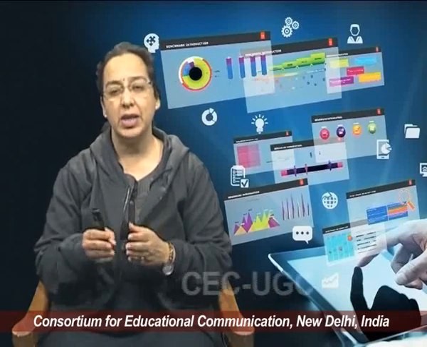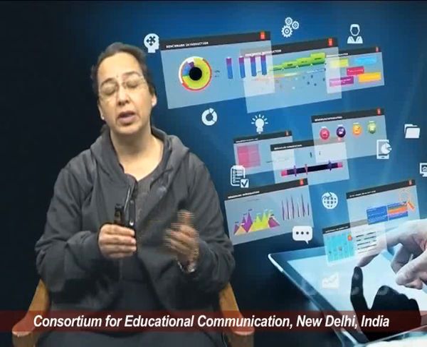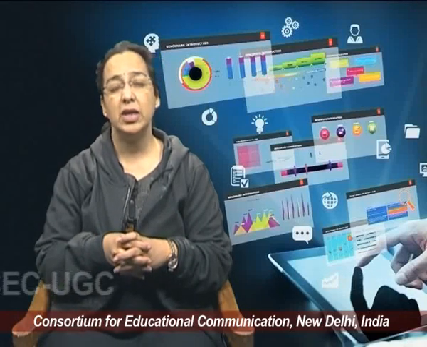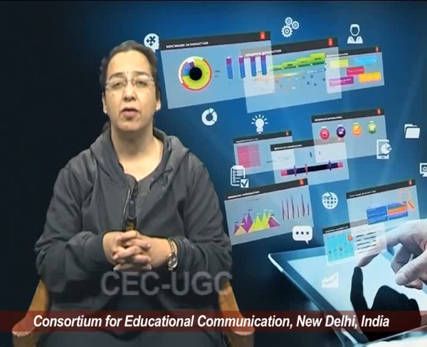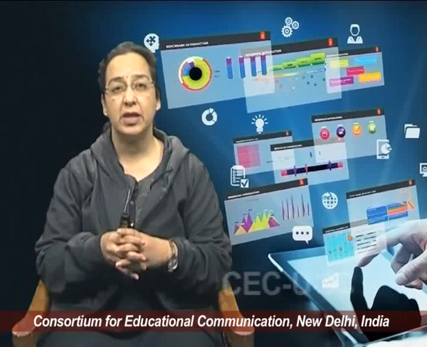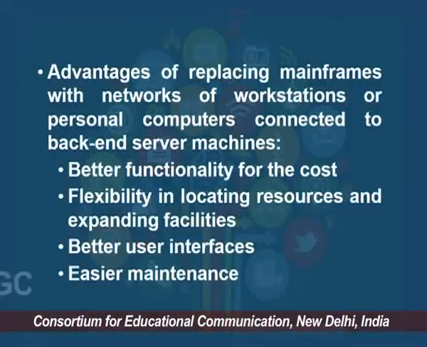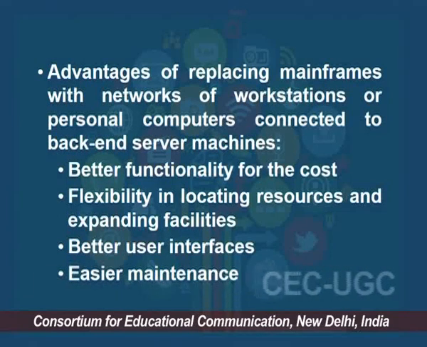Now initially, when we talk about the earlier legacy database systems, the machines available for these kinds of databases were mainframes, with a network of workstations or personal computers connected to backend server machines.